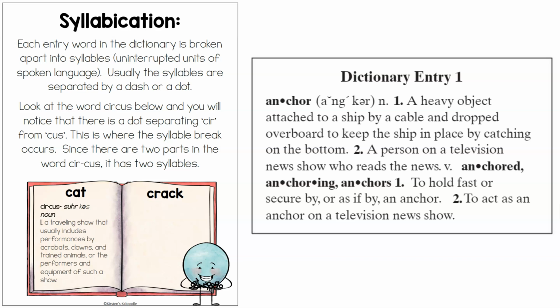Also included in a dictionary is syllabication. Each entry word in the dictionary is broken apart into syllables, which are uninterrupted units of spoken language. Usually the syllables are separated by a dash or a dot. Look at the word circus below and you will notice that there is a dot separating sir from cus.